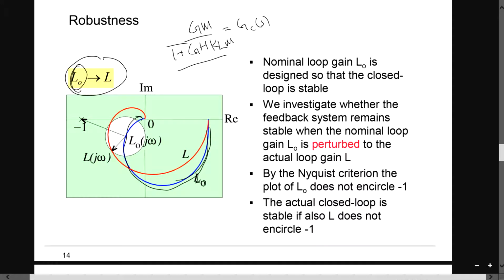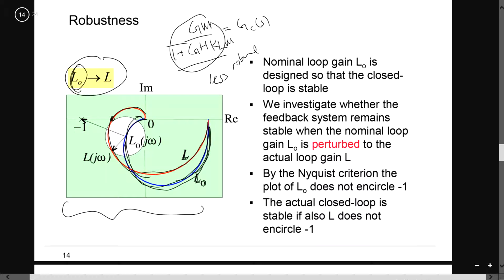So when you do this, you're going to shift this plot, this Nyquist plot. This whole thing is a Nyquist plot. And therefore, when you shift, you're going to shift into L, and this shifting of the loop is going to make the system less robust, because this point is nearer to -1.